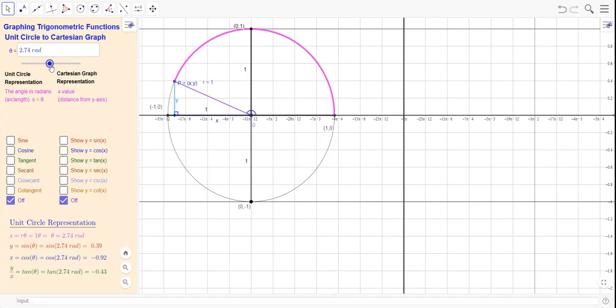If we're rotating in this way, it's positive. If we rotate this way, we call that negative. So clockwise is negative angles. Counterclockwise would be positive. If we go around more than once, this indicates that we went around all the way once and then some extra here. And we have a slider here that can change the angle from negative 2 pi radians to, I guess, 4 pi radians.